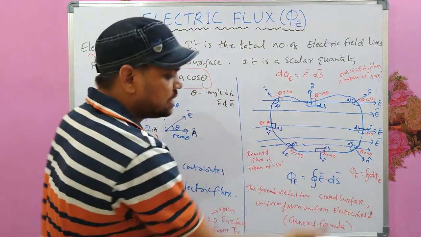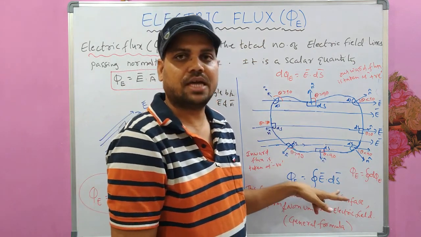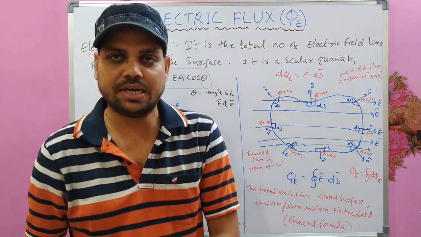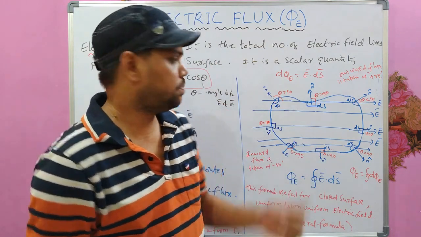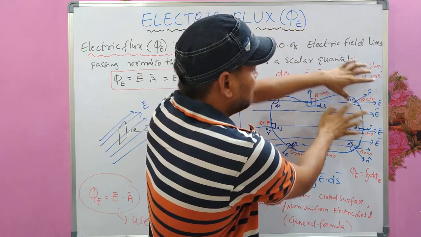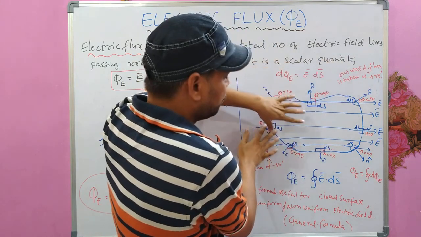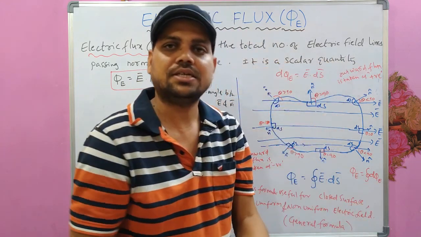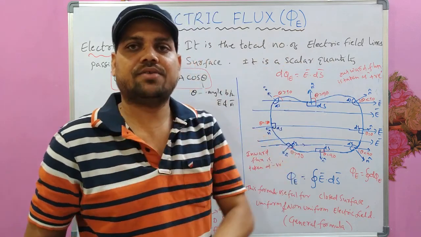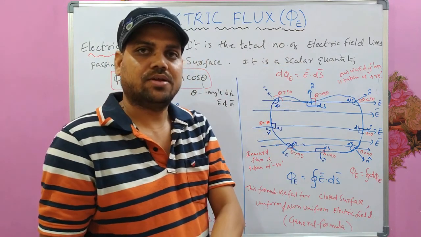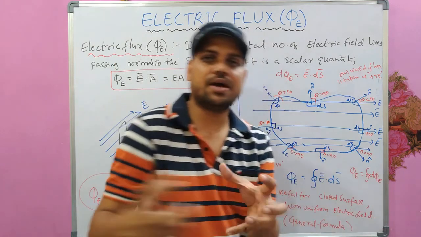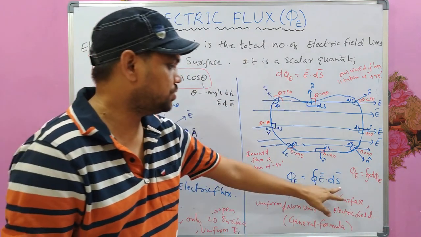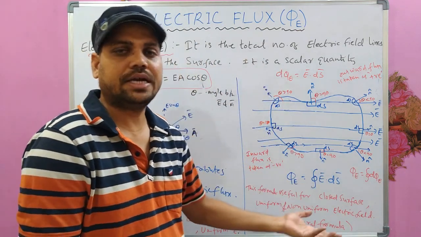If E is changing also, we can use this formula. For example, E1 dot dS, E2 dot dS, E3 dot dS. For example, here it is E1, here it is E2, here it is E3, E4, E5. So in each case, we see what the electric field is and what the area vector is. In that way, you can add all of the individual fluxes and substitute in this integration formula.